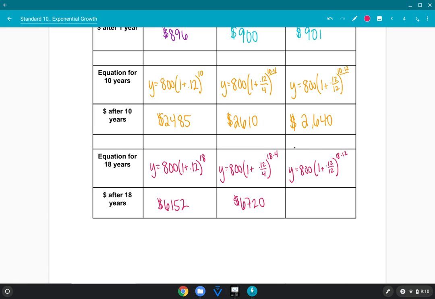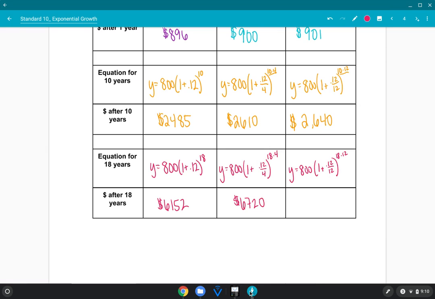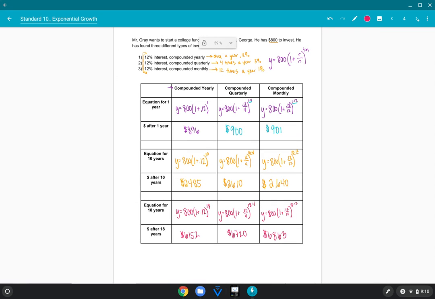Now let's see what happens over here with compounding interest monthly. So I need to do 18 times 12. It's 216. Also, you guys need to remember to do that. $6,863. So let's review.